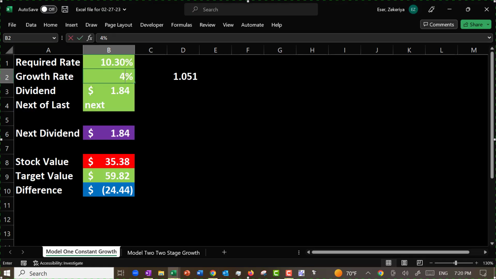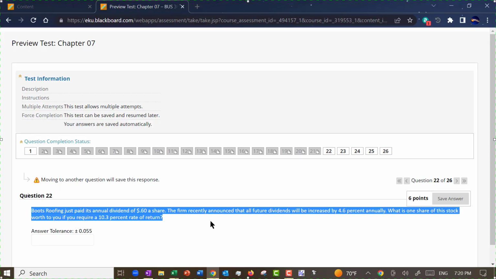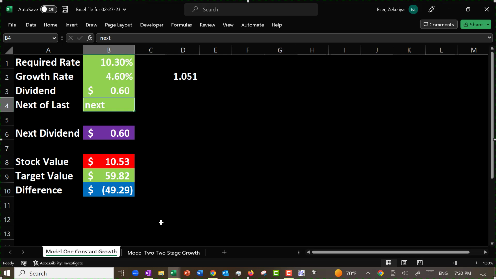That 60 cents was the last dividend, okay? Because formula works with the next dividend, but problem gives the last dividend, and that growth rate is gonna tell me that next dividend is gonna be 63 cents. And just read that off. Okay. 1101.